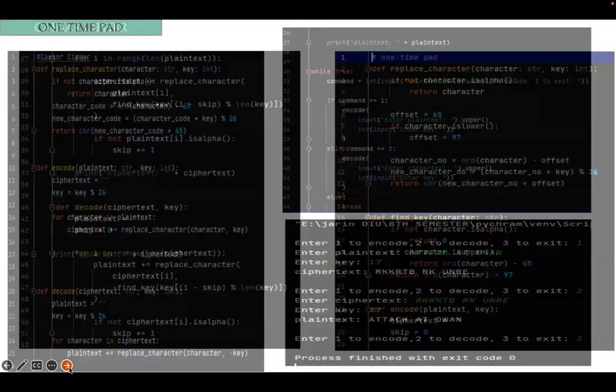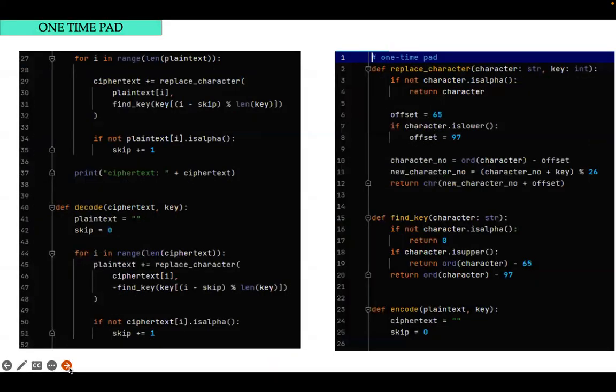And our one-time pad is only the updated version of the Caesar cipher. There are not many differences. It is almost similar. The main code is similar, and in our ciphertext, we take our offset as 65, which is the ASCII value of A, and 97, which is the ASCII value of small a.